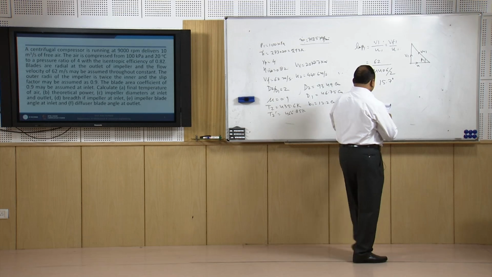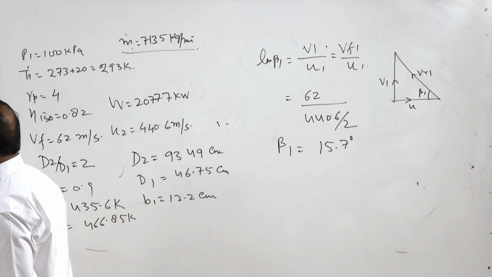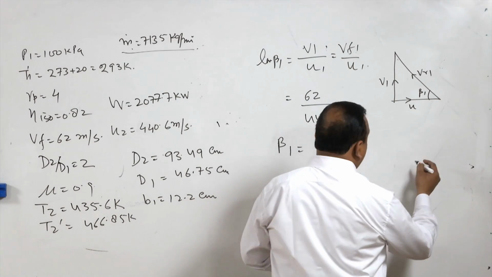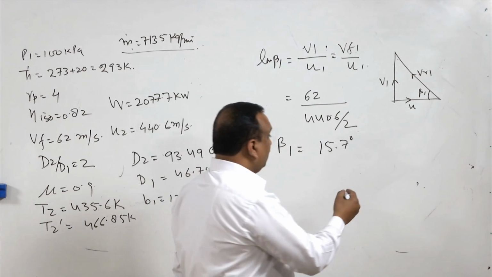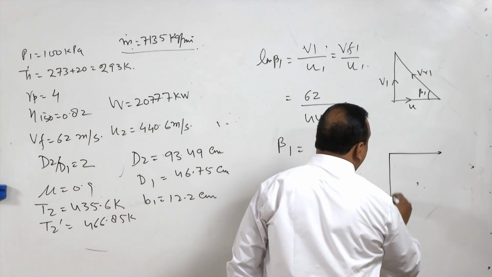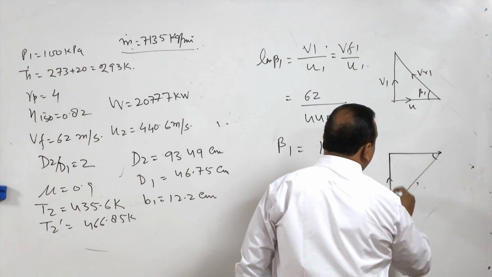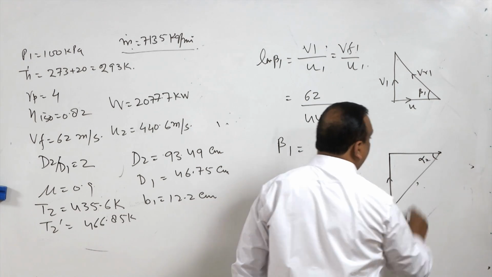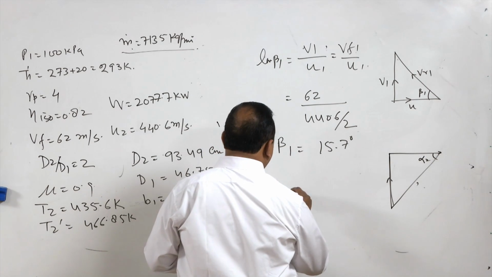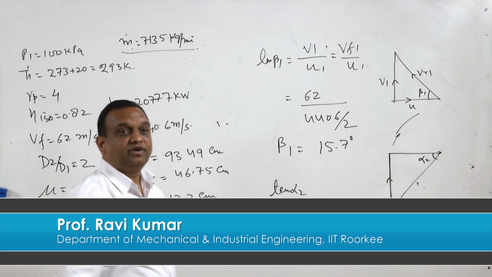Now the second angle is the impeller blade angle at outlet and the diffuser blade angle at inlet, that is alpha 3, the diffuser inlet angle. The blades are radial, so this angle alpha 2 will be the blade inlet angle for the diffuser, alpha 3.